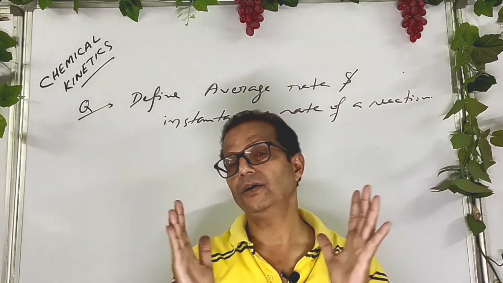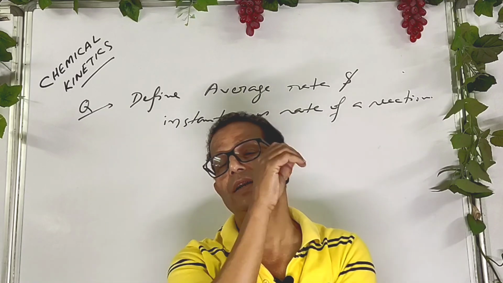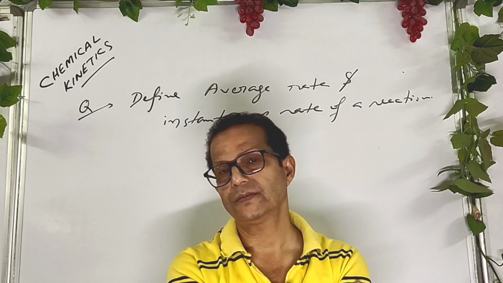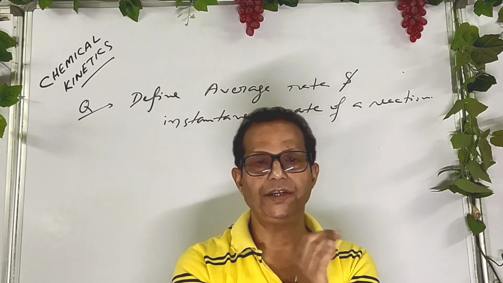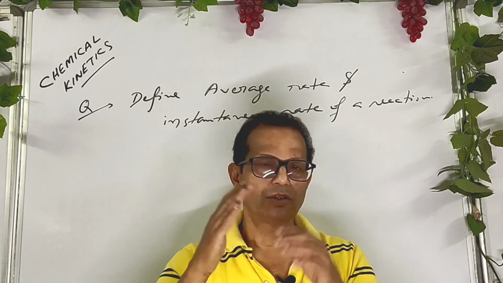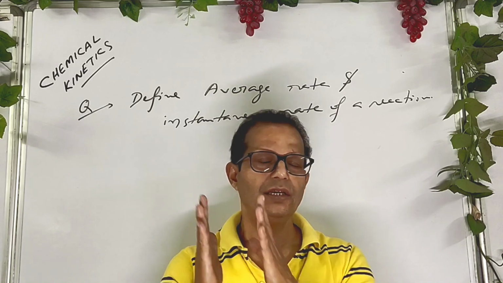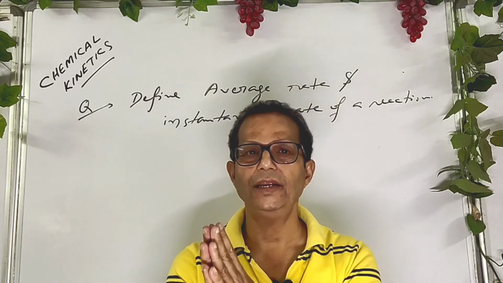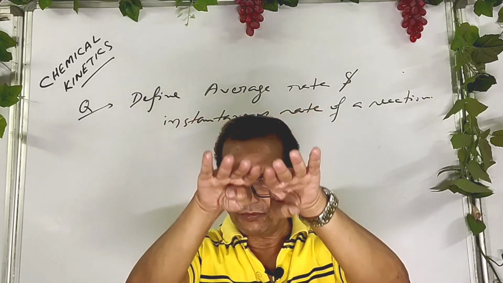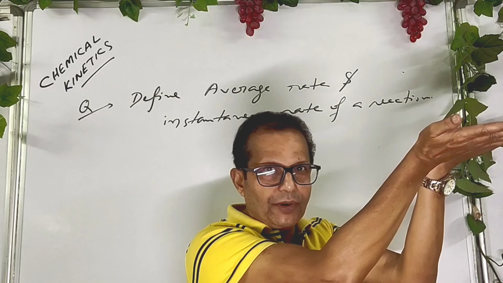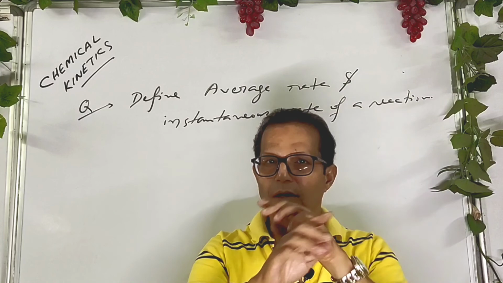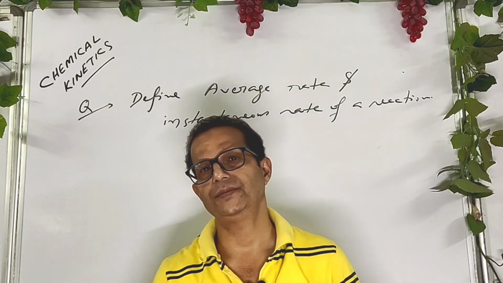Directly you will get it in your NCERT. So just understand. Say a reaction takes 5 minutes to complete. So the average rate is, say 100 moles of the reactant becomes 0 moles. Say 100 moles of reactant finished and 100 moles of product you get. So the change of concentration of reactant or product by change in time is the average rate.